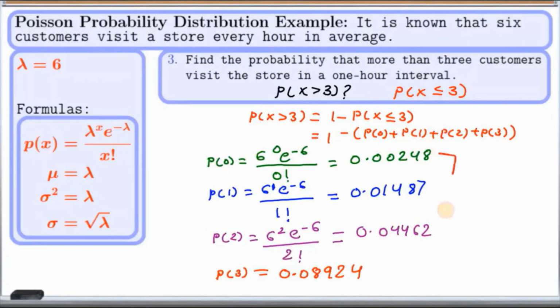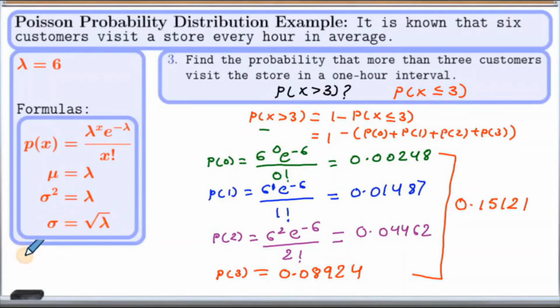Now to find this part here, we can add all these probabilities. So let me add that. We get 0.15121. Now we can find the probability that more than 3 customers visit the store in a 1-hour interval.